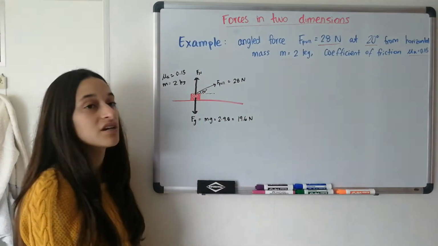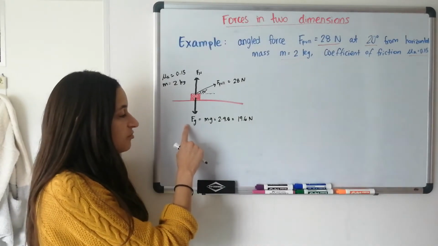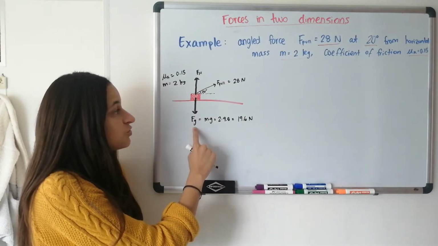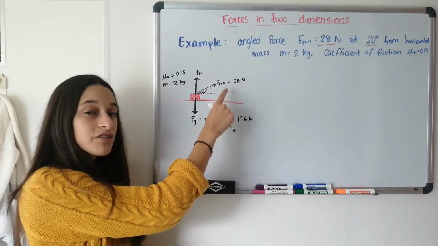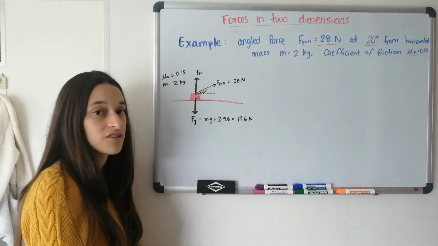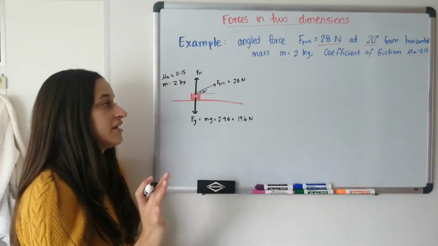We don't necessarily know the normal force yet, because before, normal force had been equal to the weight, to the force of gravity. But now part of the pulling force has a vertical component, and that's going to affect the normal force. So we don't give it a value yet. We just write it as Fn.